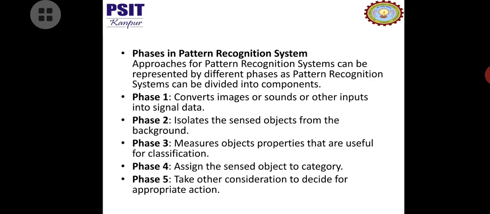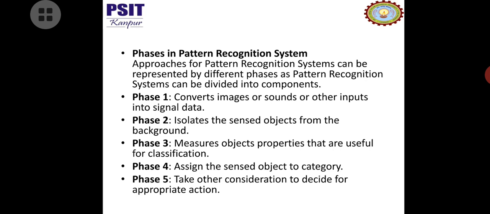A pattern recognition system can be represented by different phases, as the system can be divided into components, right? In total we have 5 phases in a pattern recognition system. In phase number 1, it converts images or sounds or other inputs into signals.